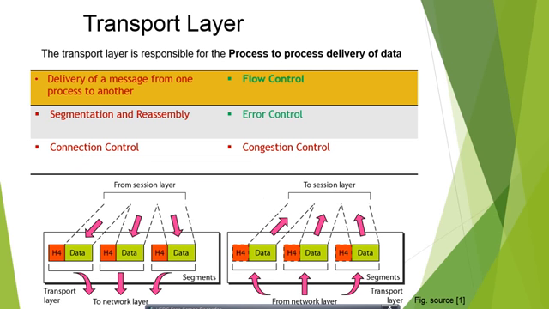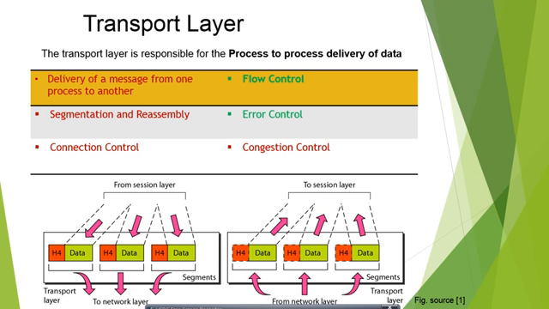Now the responsibilities of the transport layer are data delivery, meaning delivery of the message from one process to another process, segmentation and assembly, connection control, flow control, error control and congestion control.